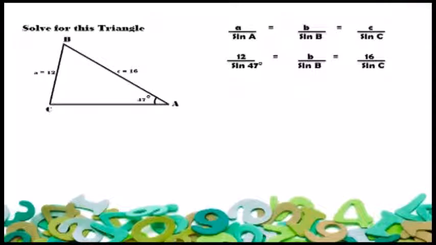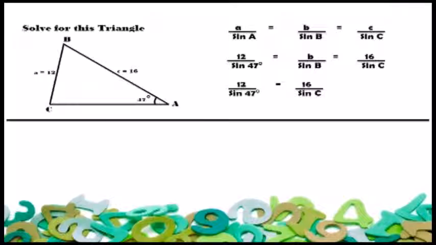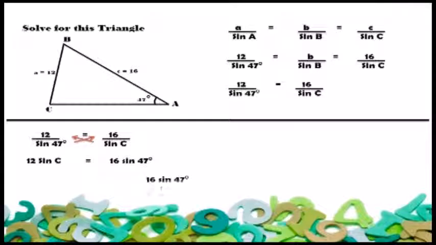At this time, we don't have any given at b over sine B, so we will solve a over sine A is equal to c over sine C. Now cross multiply, and you will get 12 sine C is equal to 16 sine 47.